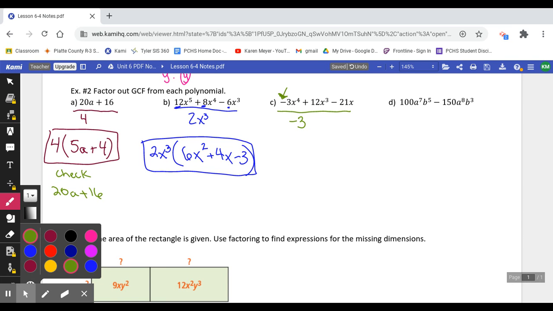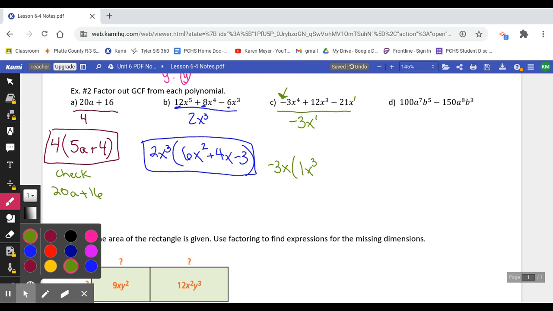Does each one have an x? Yes. So then go with the lowest exponent, which would be x to the 1st, or just x. So negative 3x is my GCF. Open my parentheses. Negative 3 divided by negative 3 turns into positive 1. And then subtract my exponents. 4 minus 1 is x to the 3rd.